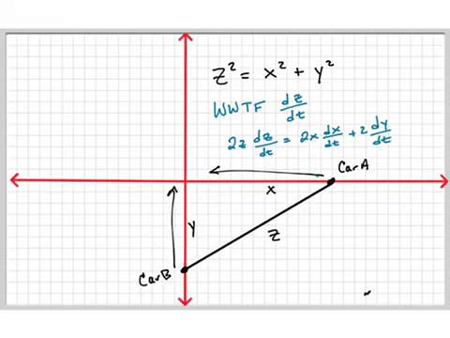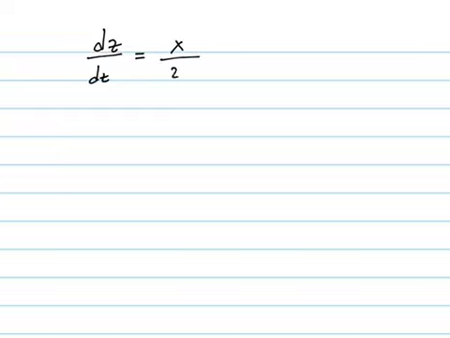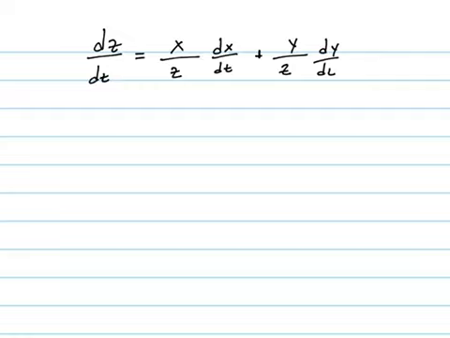And if we solve this for dz/dt, which is what we're trying to find, we find dz/dt equals x over z dx/dt plus y over z dy/dt.